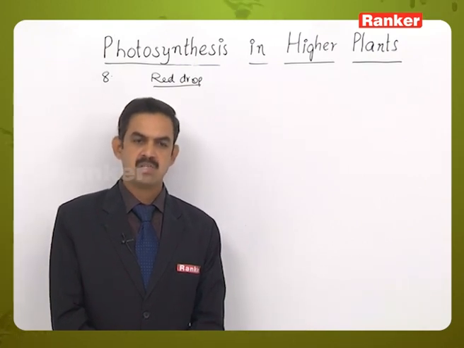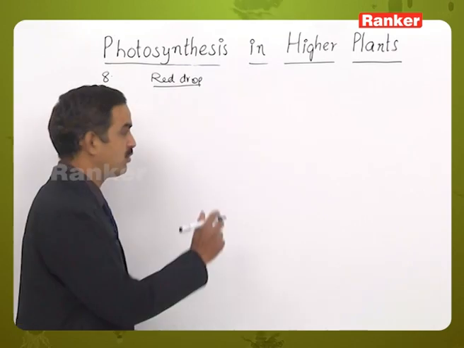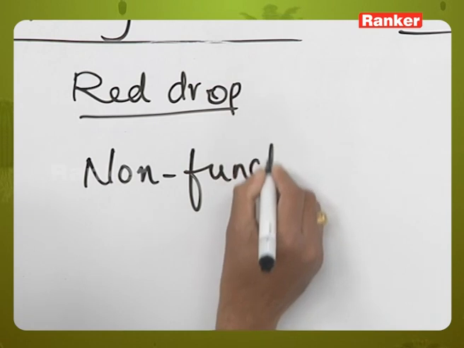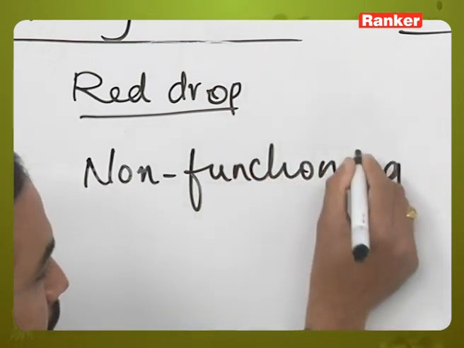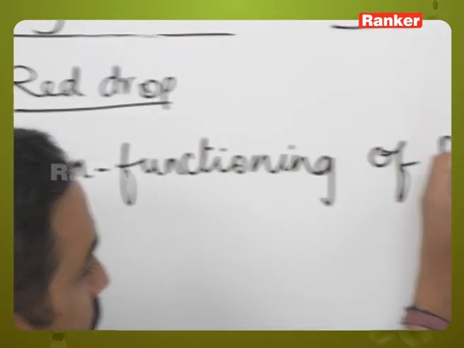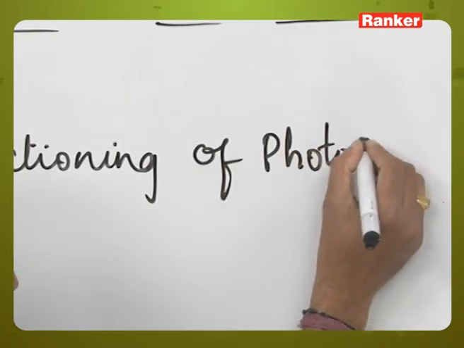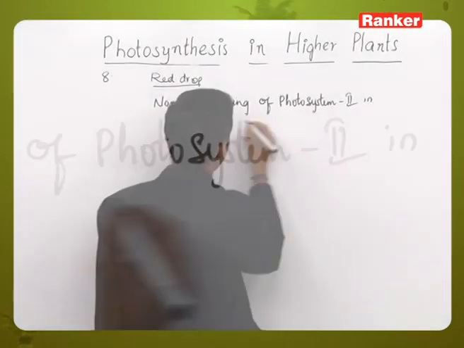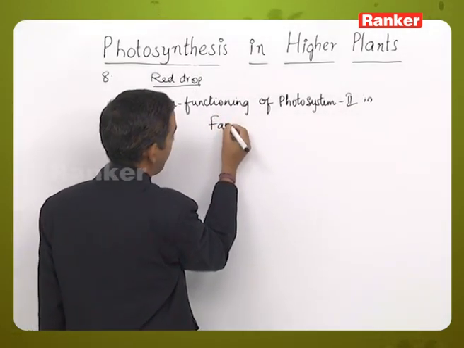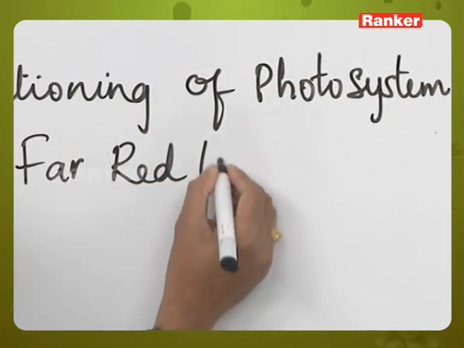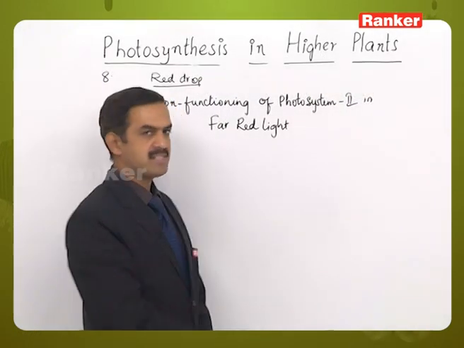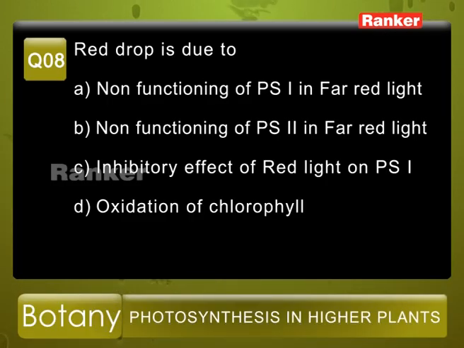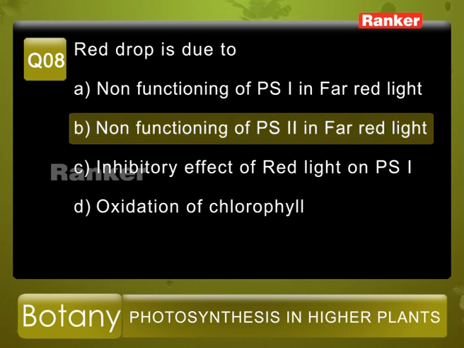It is because of the non-functioning of photosystem 2, that is PS2. So this is the wavelength of far red light. So this is the main reason for red drop. So from the given options, option B is the correct answer.